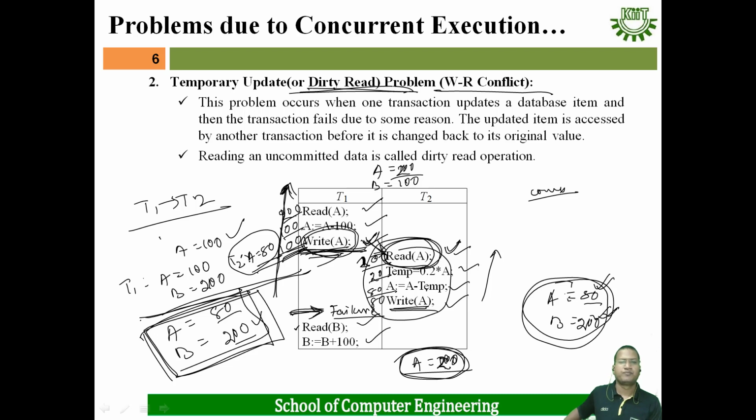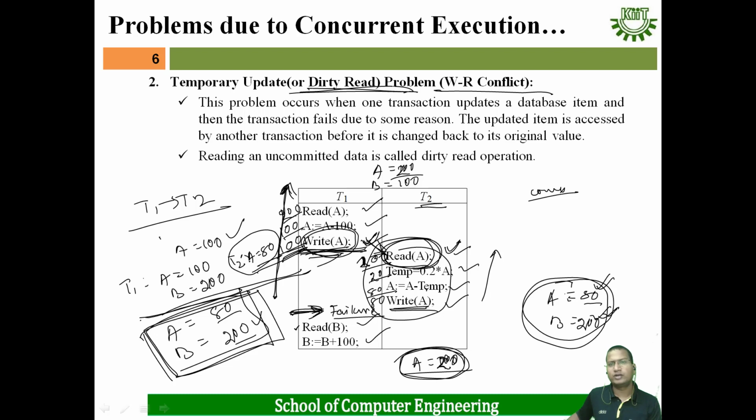Then if the first transaction fails and rolls back its value, T2 gets affected. Whatever data items have been read by T2 are wrong data, or dirty data. This is known as temporary update or dirty read problem.